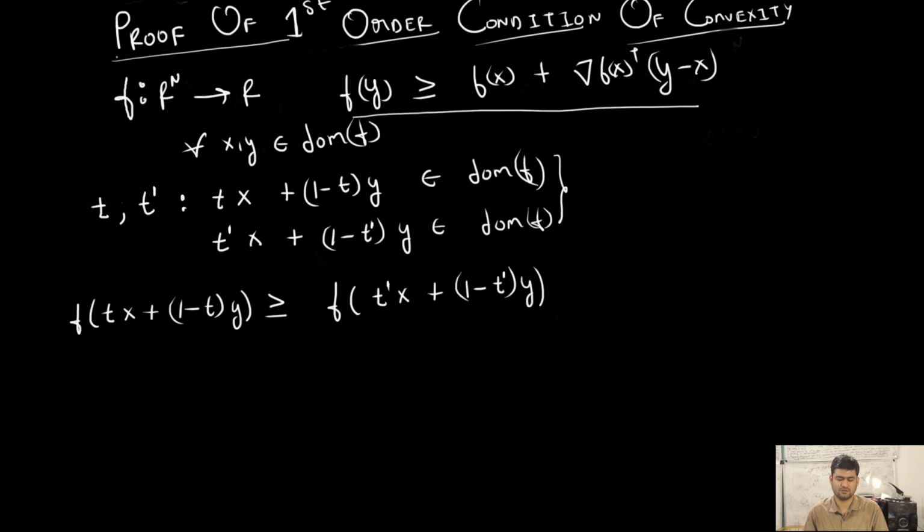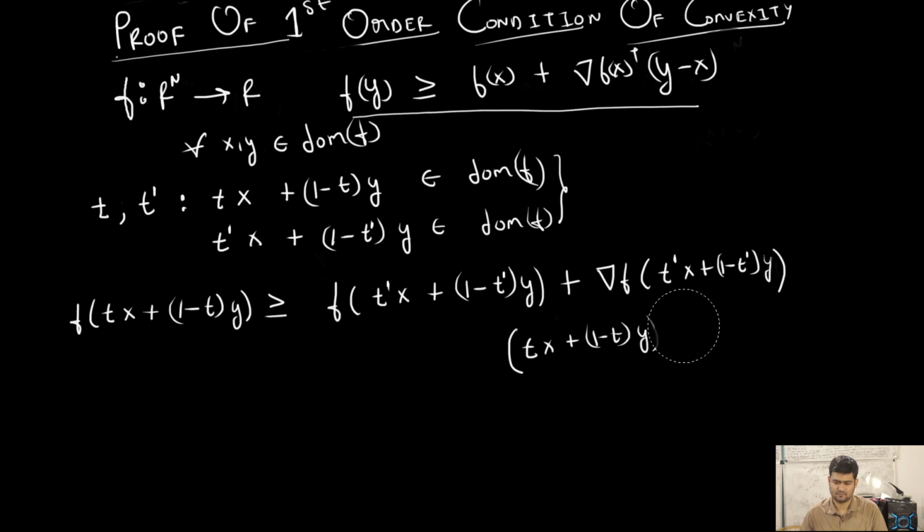Since both of these points belong to the domain of the function f, we can write that f of t x plus 1 minus t y is greater than or equal to f of t prime x plus 1 minus t prime y plus the gradient of the function f at t prime x plus 1 minus t prime y, times the difference of these 2 points, t x plus 1 minus t y, minus t prime x plus 1 minus t prime y.